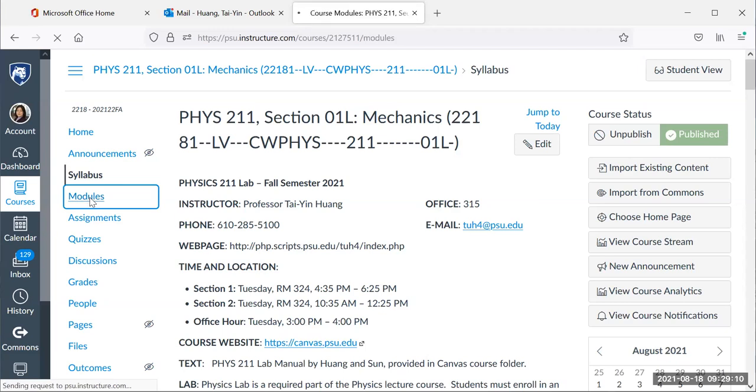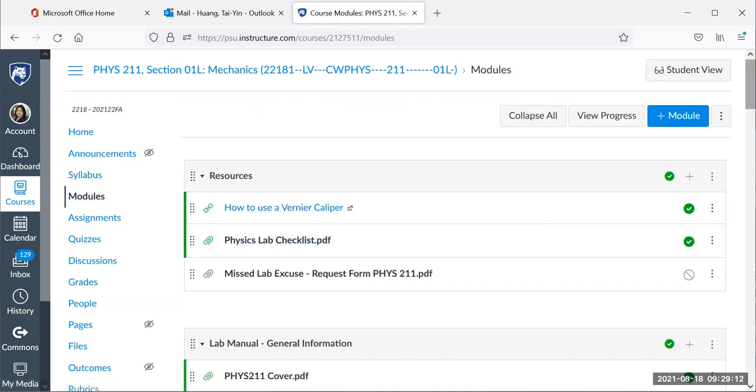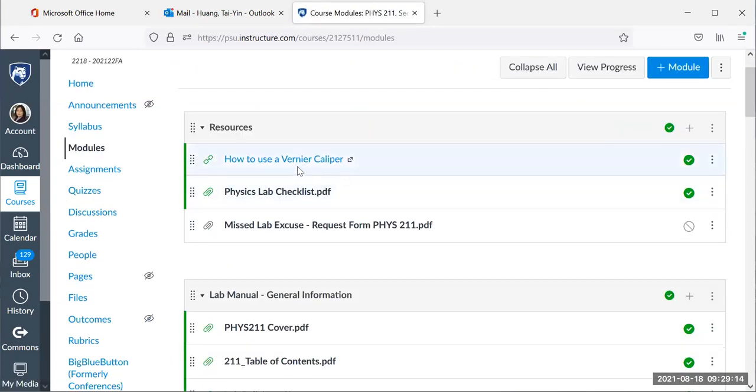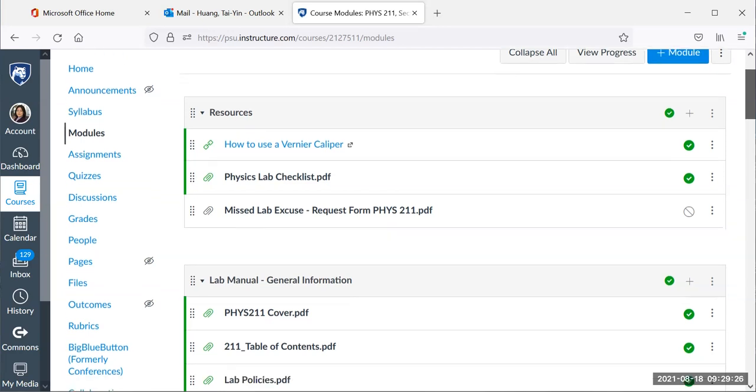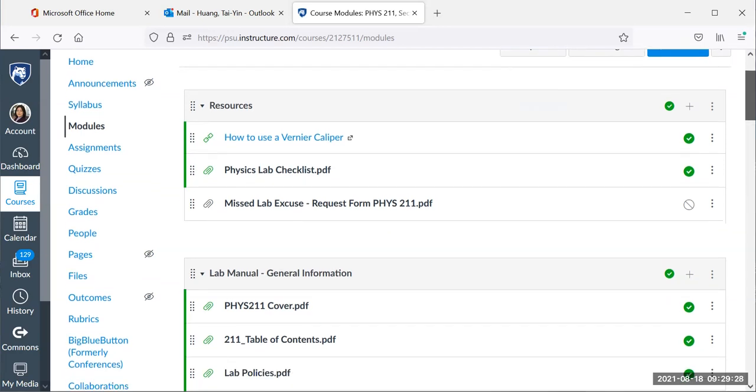So let me click on this. As you can see, I already made this available to you: how to use a learning caliper. This pertains to the first lab. For each lab, there's going to be a recording. So this is just the information recording, okay? This is not lab one. When it's time for the lab one recording to be published, I'll let you know.